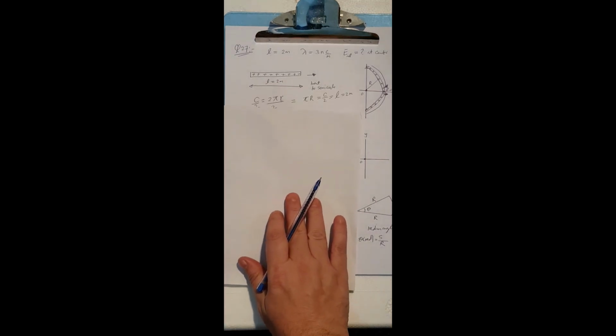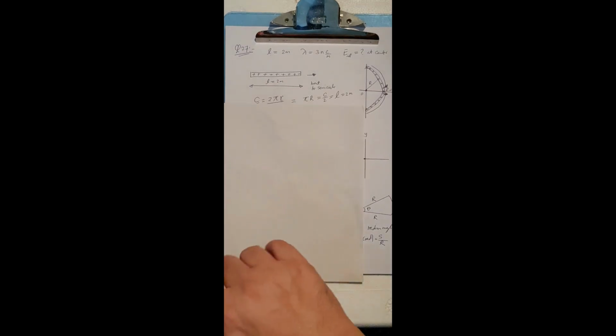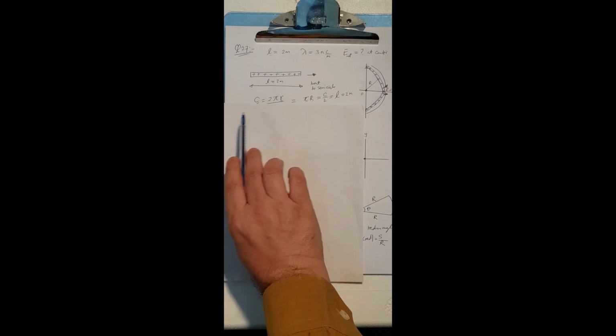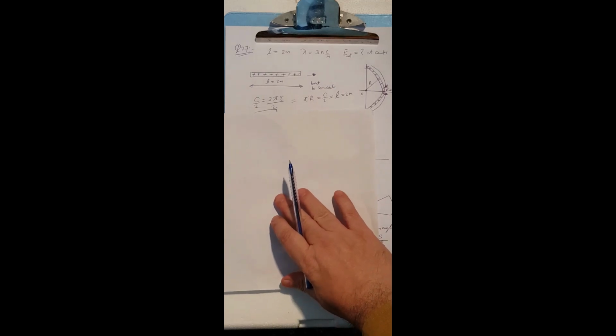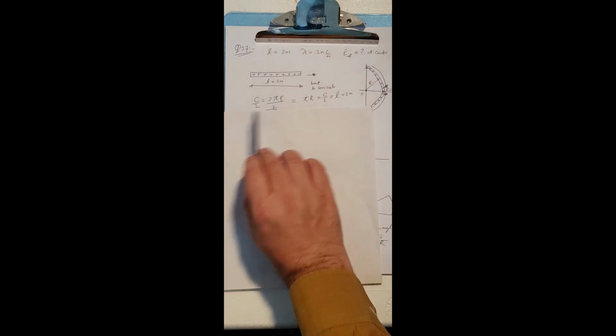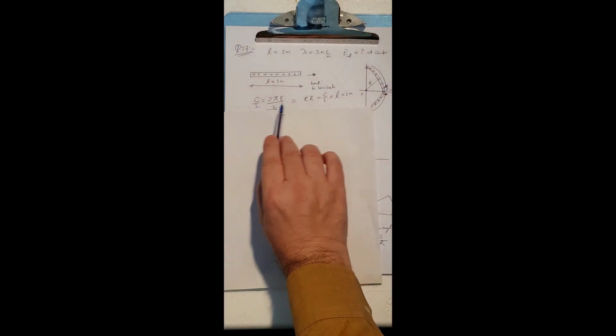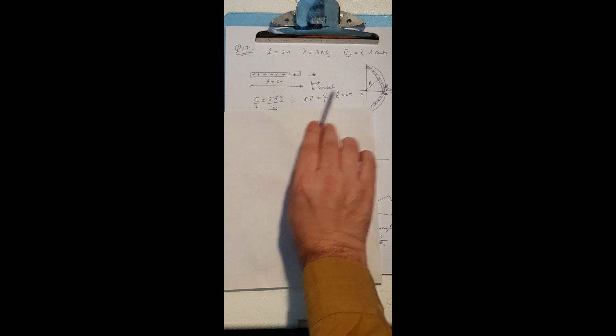From the formula of circumference, C is 2 pi multiplied by the radius. That's the formula for the circumference of a circle. Because here we don't have a circle, we have half a circle, we divide both sides by 2. This gives me half the circumference, pi R, where R small is the R capital here.